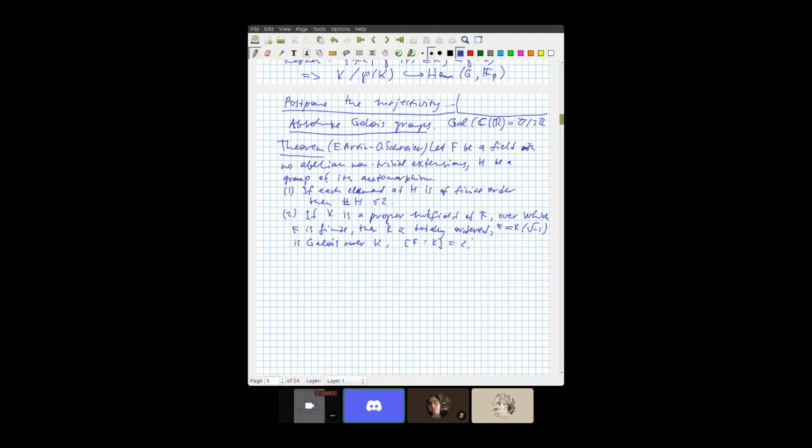In particular, it follows from this condition that K is totally ordered that the characteristic of F is 0.